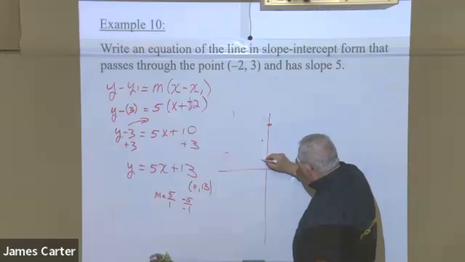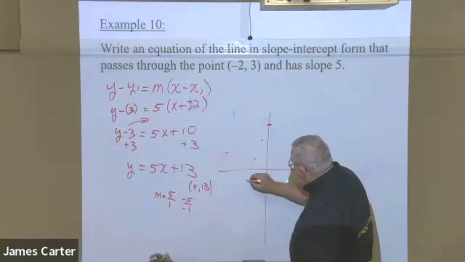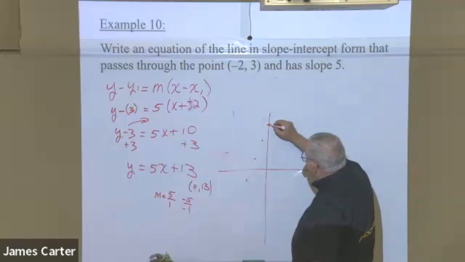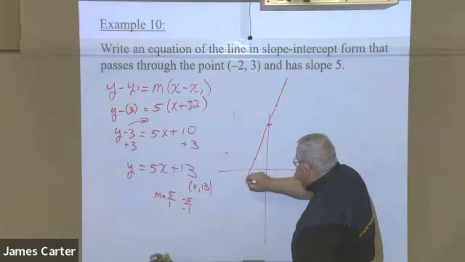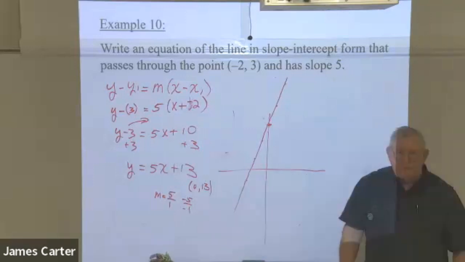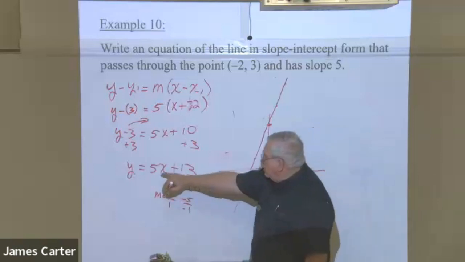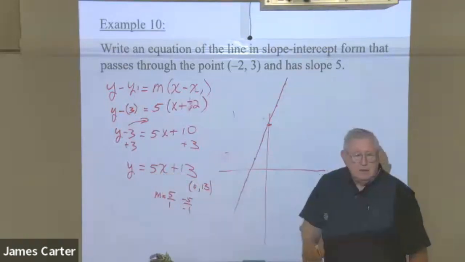I can go down 5 more and another 1 and 5 more and another 1, or I can go up 5 and right 1 and another 5 and another right 1. There's my line. Notice positive slope, uphill left to right.